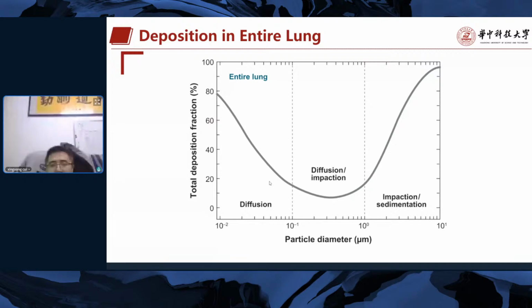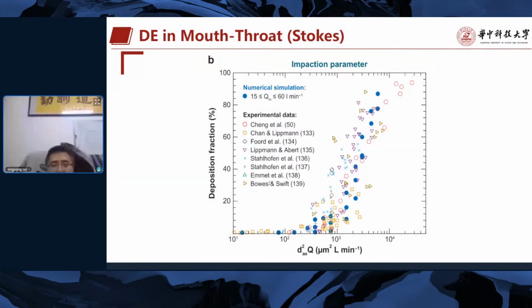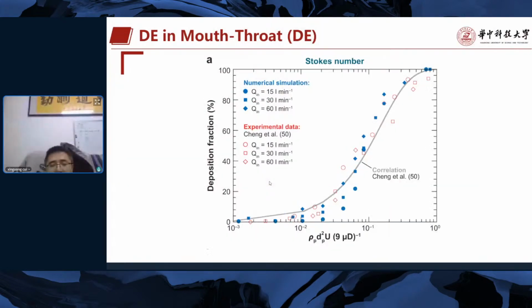And we can use the Stokes number or impaction parameter to describe the particle deposition fraction.